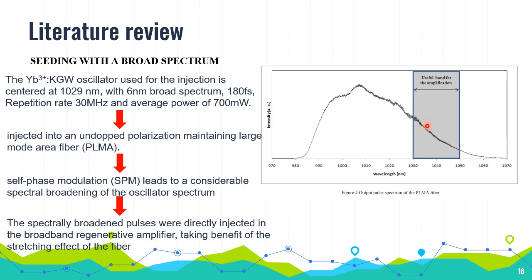So they inject this oscillator into an undoped polarization maintaining large mode area fiber, PM LMA. In this kind of fiber, self-phase modulation happens. It leads to a considerable spectral broadening of this oscillator spectrum, which becomes like this. And this spectrally broadened pulse will be directly injected into the broadband regenerative amplifier, taking benefit of the stretching effects of the fiber.